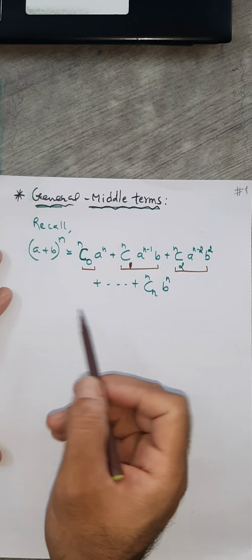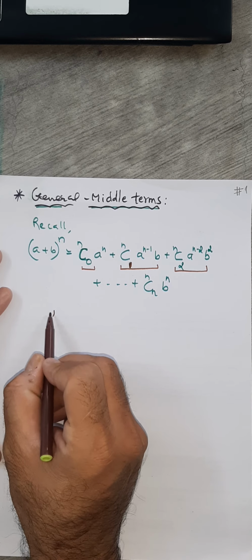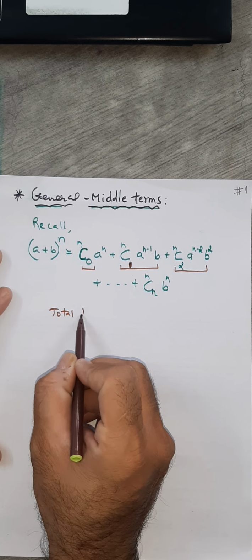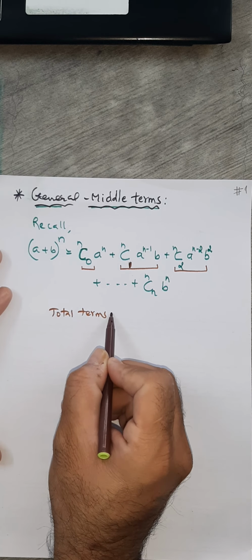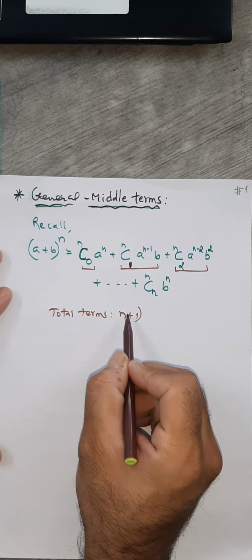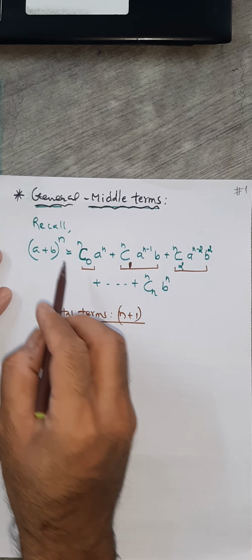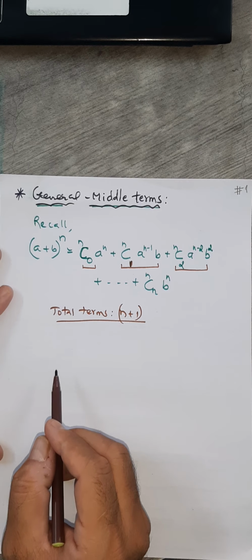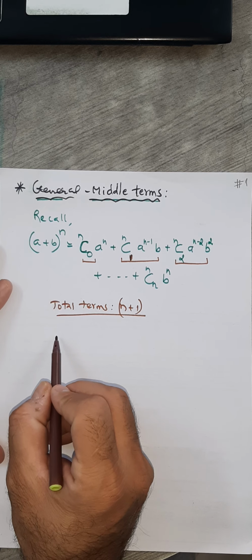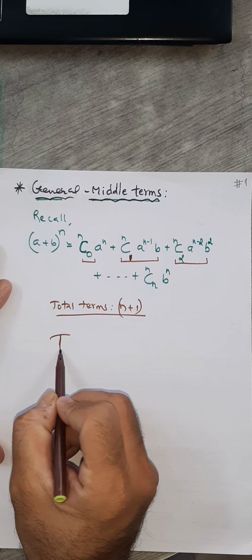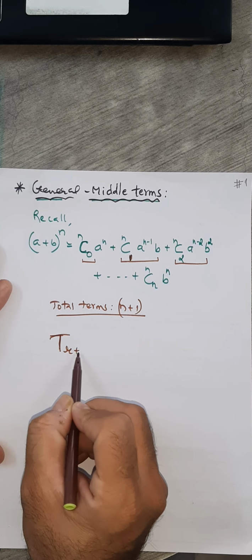The total number of terms is n plus 1. So your total terms on the RHS, as I already mentioned earlier, is n plus 1. This is the index plus 1. Now I want to write the formula for the T(r+1) term.